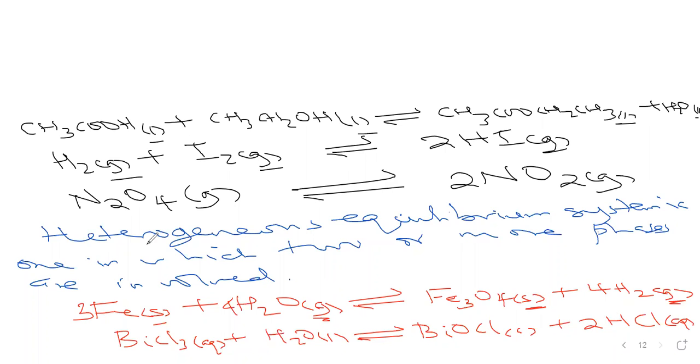So these two here are heterogeneous equilibrium systems. Bismuth trichloride is a solution in water, a liquid. Hydrolysis yields a solid, and then a clear solution of hydrochloric acid. That is bismuth trichloride undergoing hydrolysis.